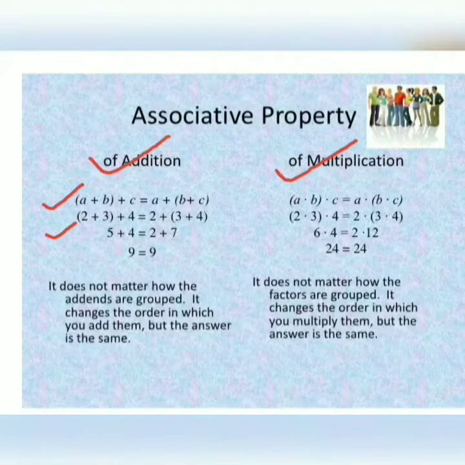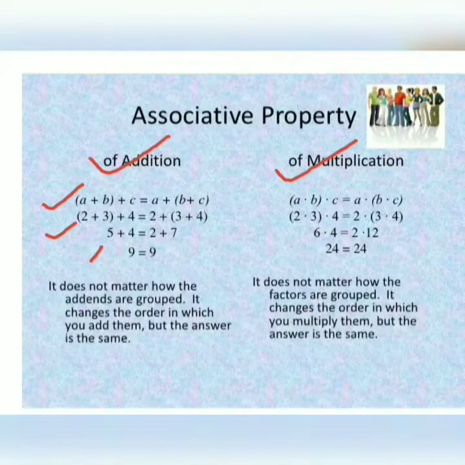If we add a plus b firstly, here a plus b is in the bracket and c is outside the bracket. So firstly we have to add 2 plus 3. If we add 2 plus 3, then the result is 5.